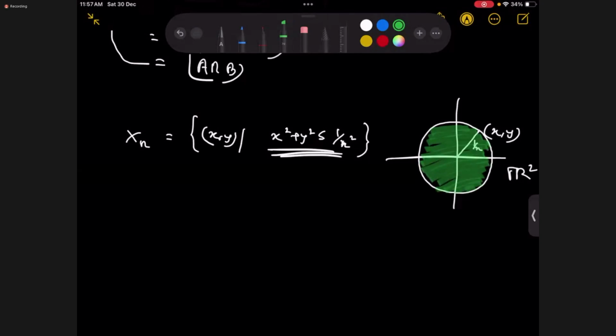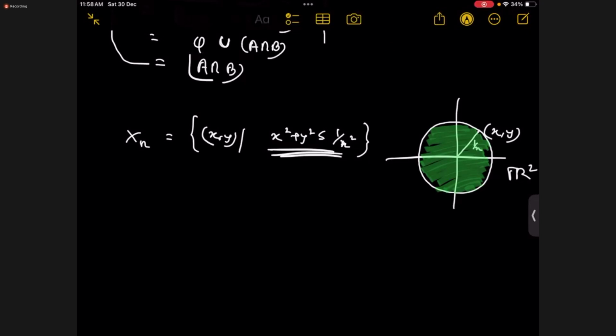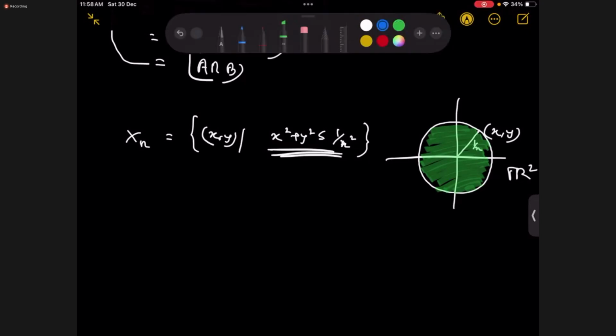Now I am reducing this n. If I increase n to 1, 2, 3, 4, and so on, then 1 by n will get smaller, and we will get a smaller circle, like this, and so on.